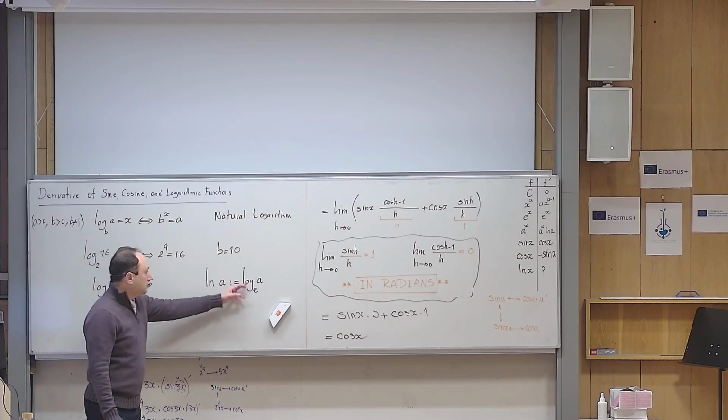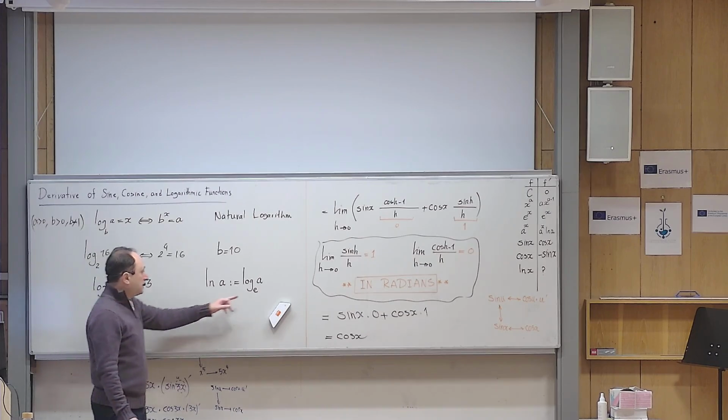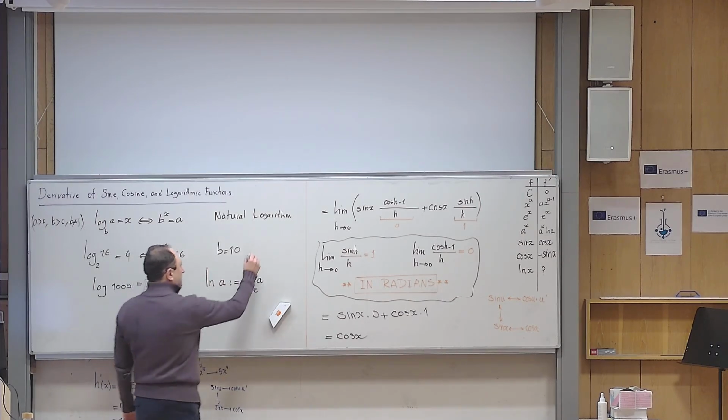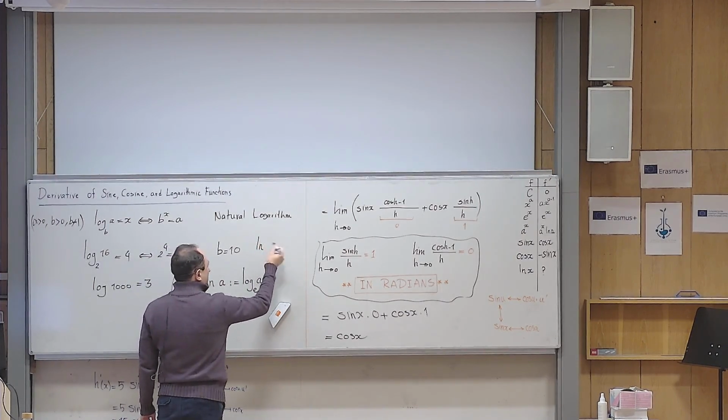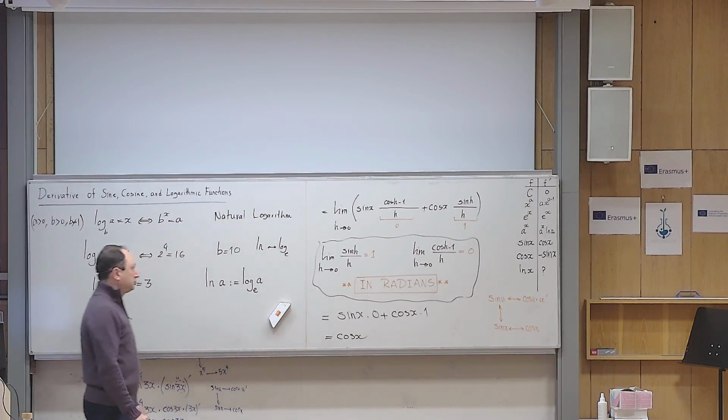Instead of writing logarithm, if the base is 10, we just don't write it. If the base is e, instead of writing log to the base e, we simply write ln. So in other words, you can imagine that ln means log to the base e.